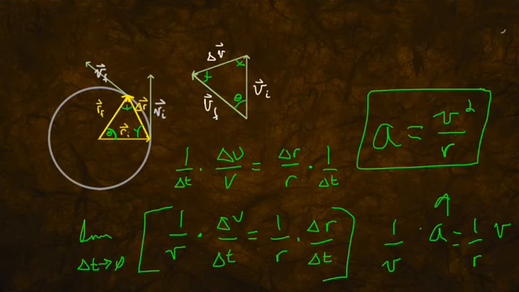Okay, if we put a little c there, this is our centripetal acceleration. This is the magnitude of our centripetal acceleration when we are traveling at constant speed in a circle.